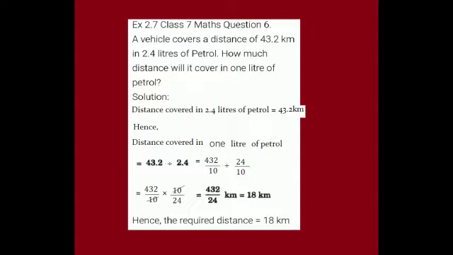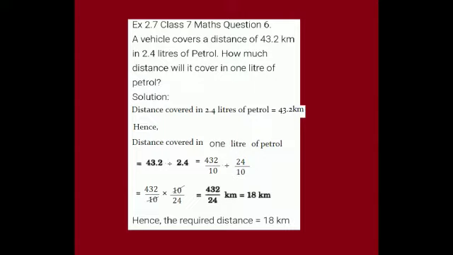Solution: distance covered in 2.4 liters of petrol is equal to 43.2 km. Hence, distance covered in 1 liter of petrol is equal to 43.2 divided by 2.4. Now 43.2 can be written as 432 by 10 and 2.4 will be written as 24 by 10.